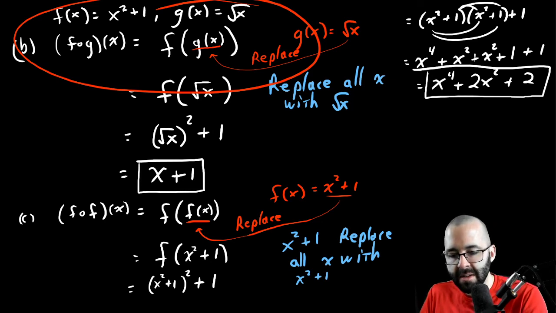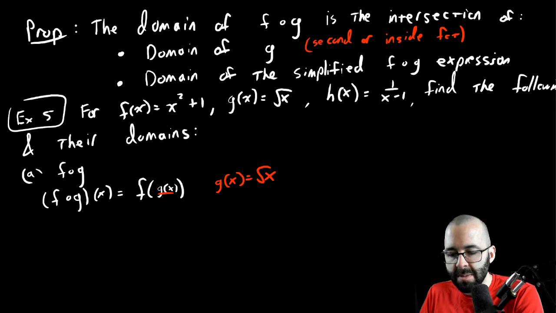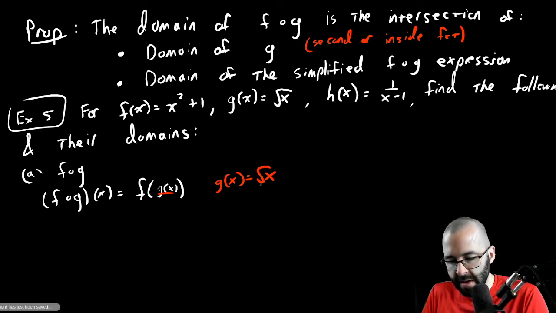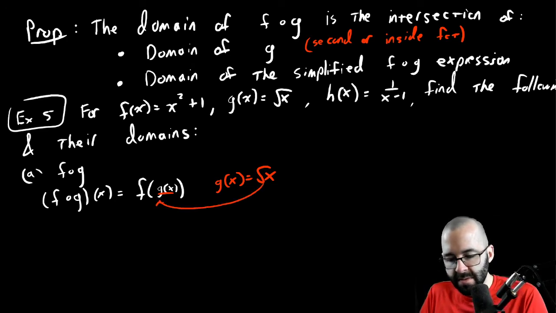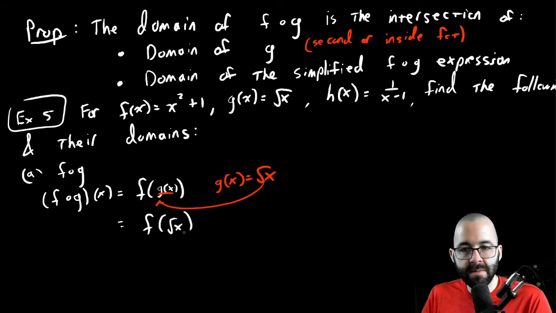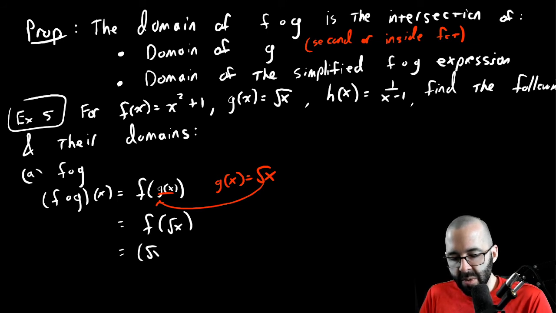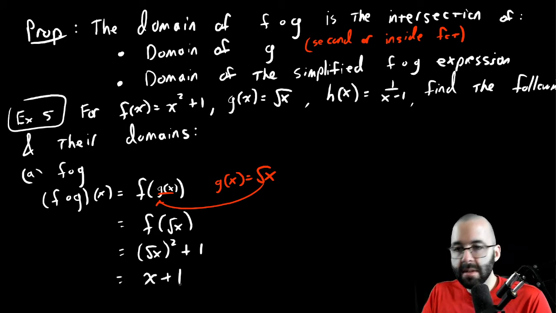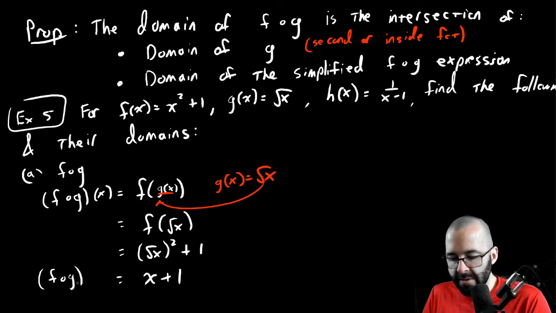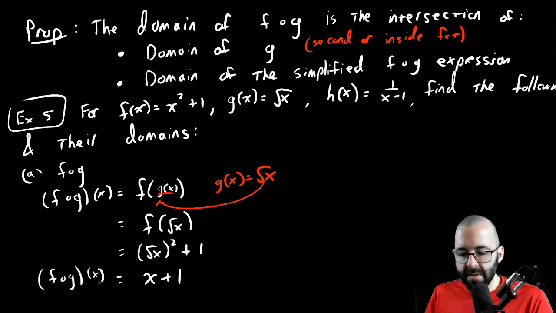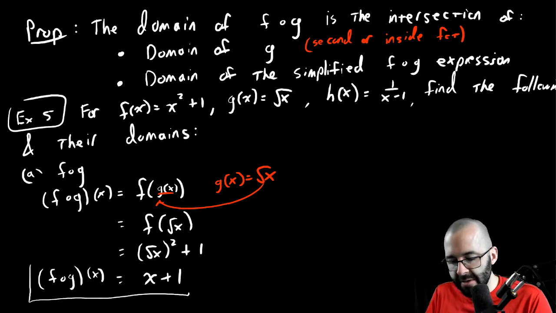And we found it to be, so we'll go through the same steps, but we'll go through them quickly. We'll replace this out. Going to f of the inside function, square root of x. Plug square root of x into f. And we'll get the square root of x squared plus 1, just like before, and simplify to x plus 1. So as before, the function f of g is equal to x plus 1. This is half of our answer.